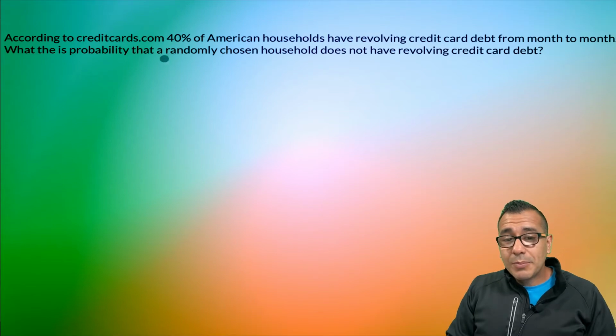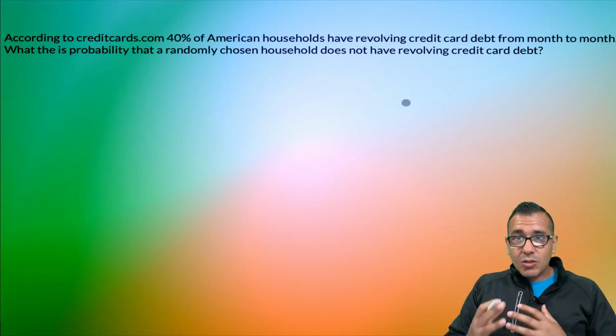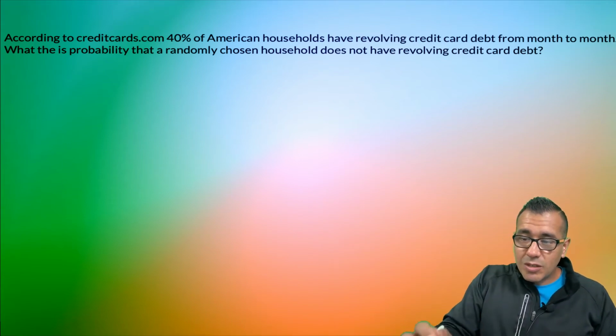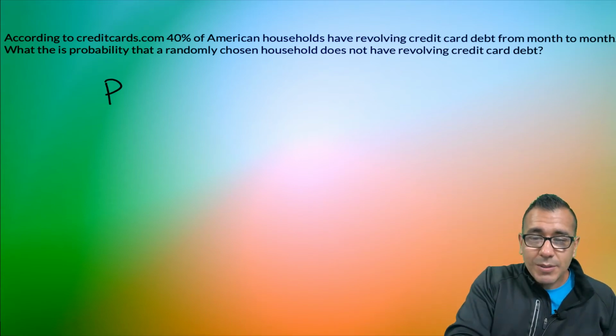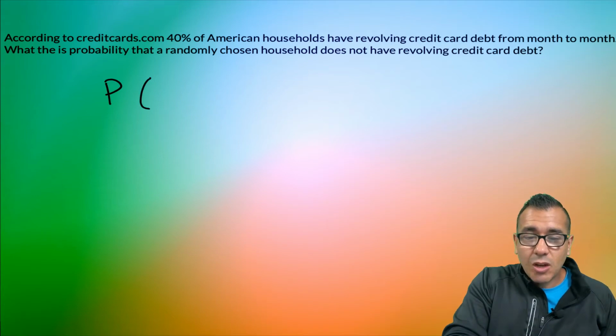What is the probability that a randomly selected household does not have revolving credit card debt? All right, so using the idea of probability, what we do know is the probability that they do have credit card debt, we'll call it D for debt.